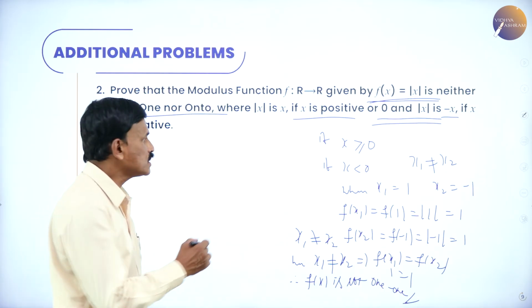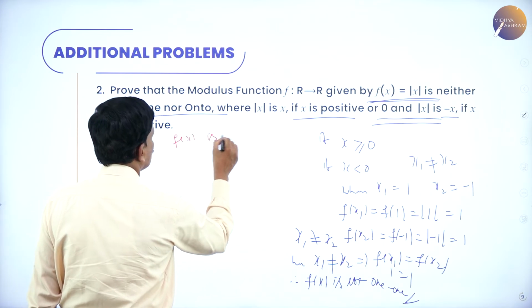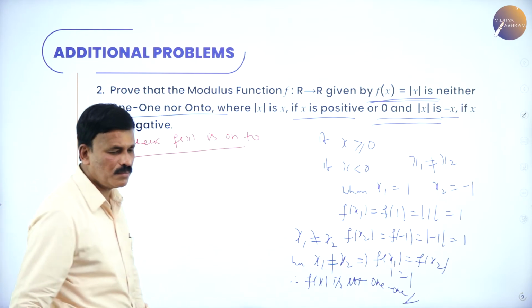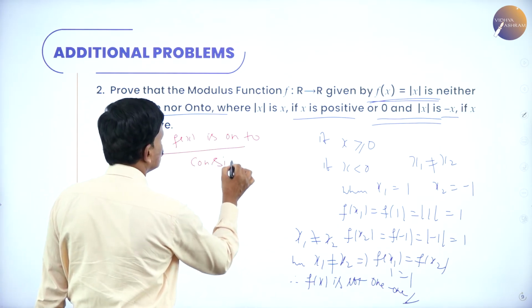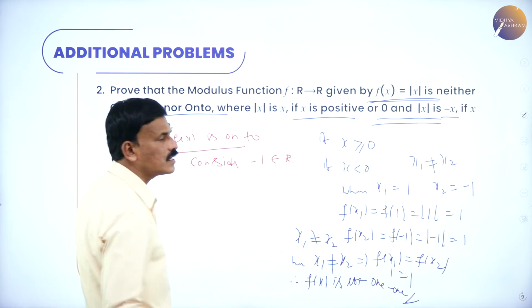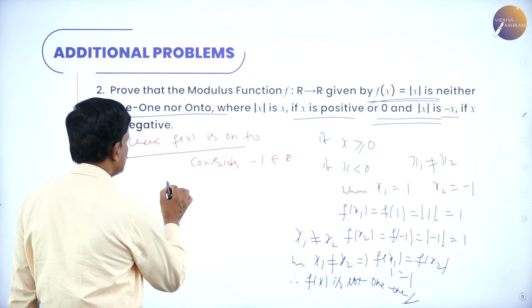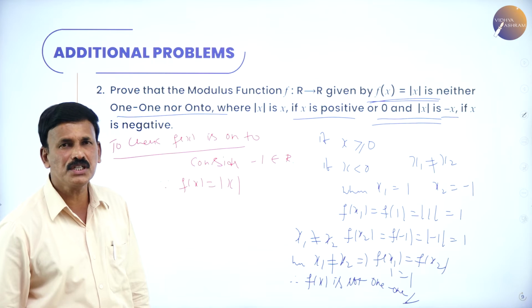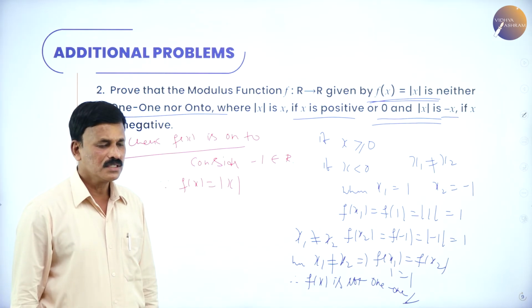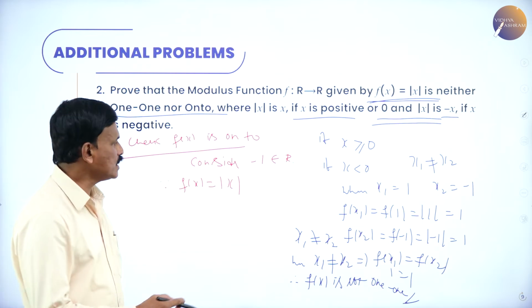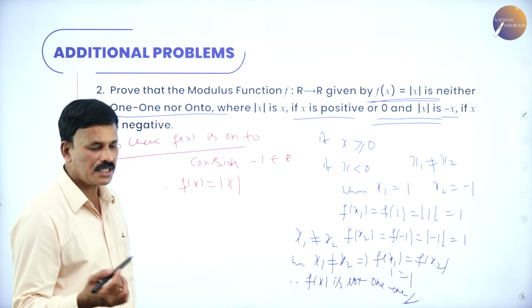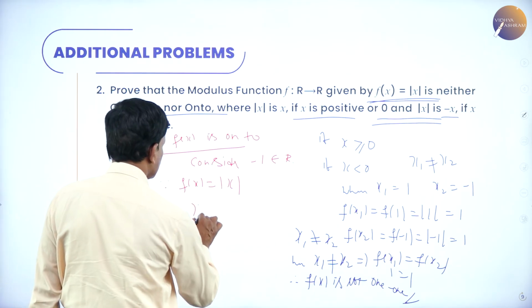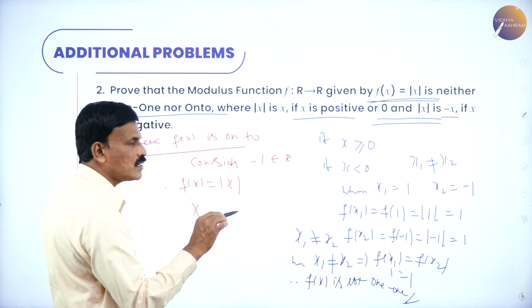Now to check whether f of x is an onto function, let us consider the element minus 1 belongs to R. Since f of x is equal to mod x, it is always a non-negative number.